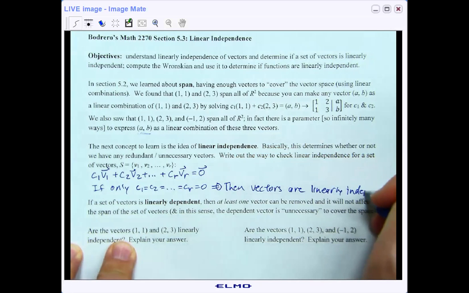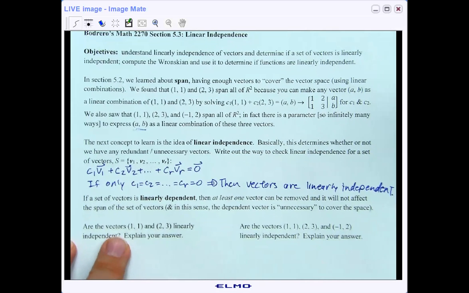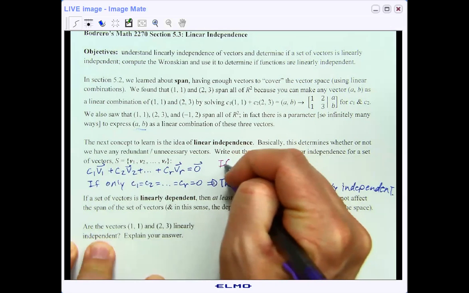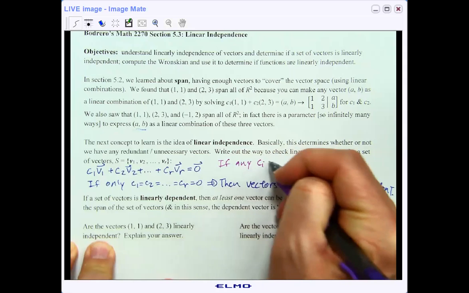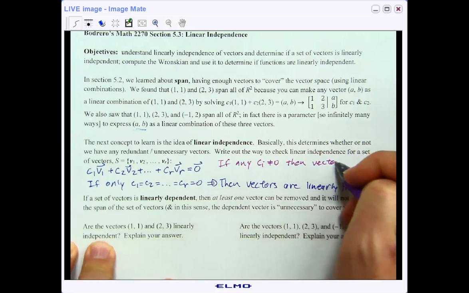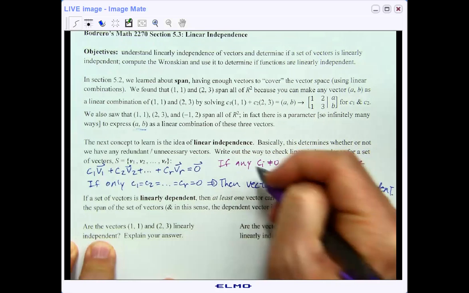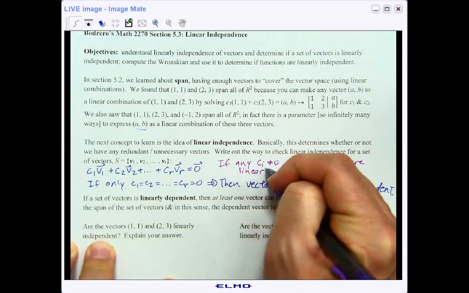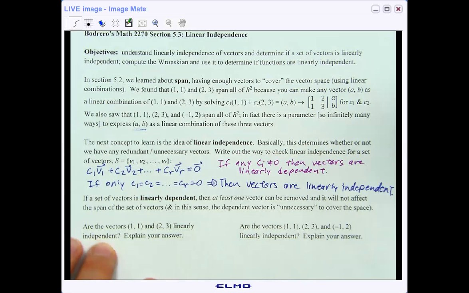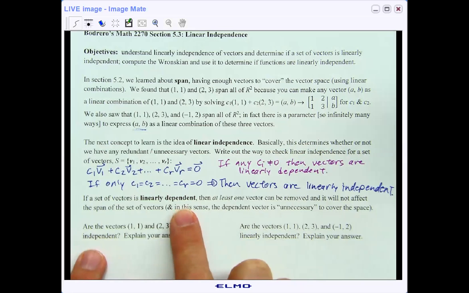If there is any choice where any one of the constants is not 0, then the vectors are linearly dependent as a set. If the set is linearly dependent, we can remove at least one vector and it won't harm our span.